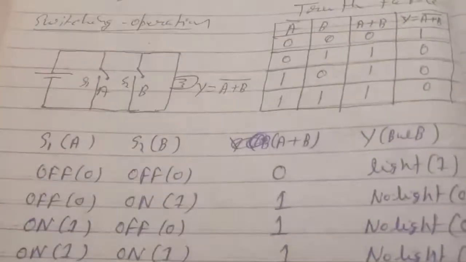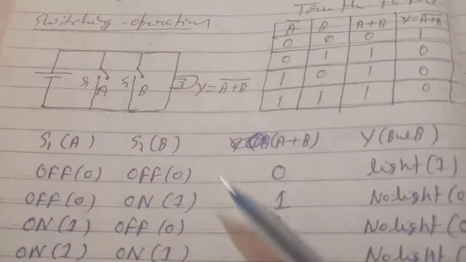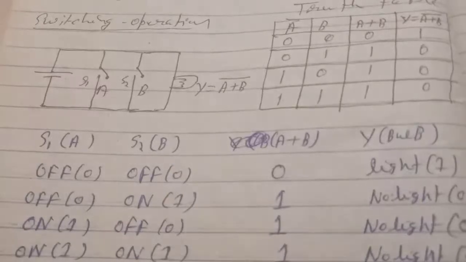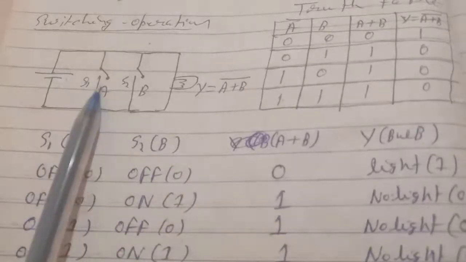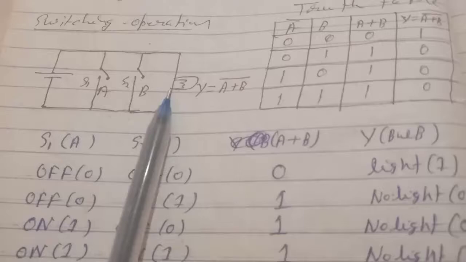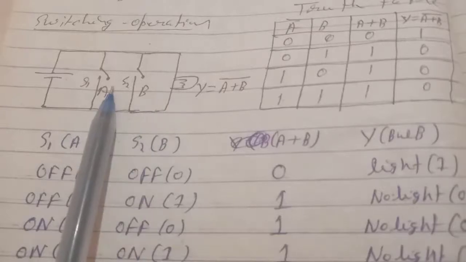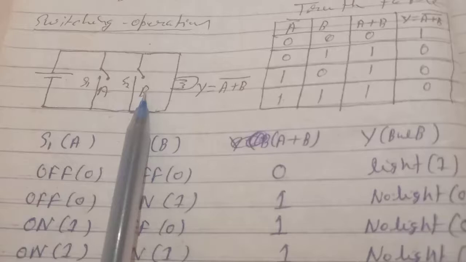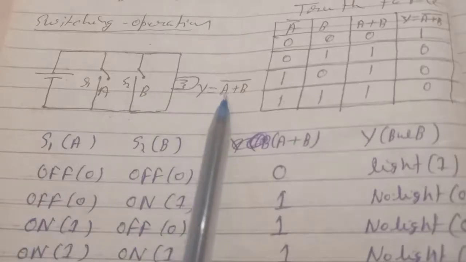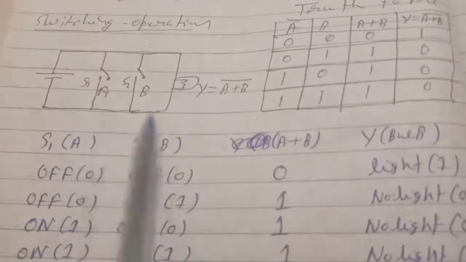Now switching operation for NOR gate. This figure represents the switching operation for NOR gate. Here this is switch S1 and this is switch S2. S1 is represented by input A, S2 is represented by input B. This is the output Y equals to A plus B bar. Now see one by one.